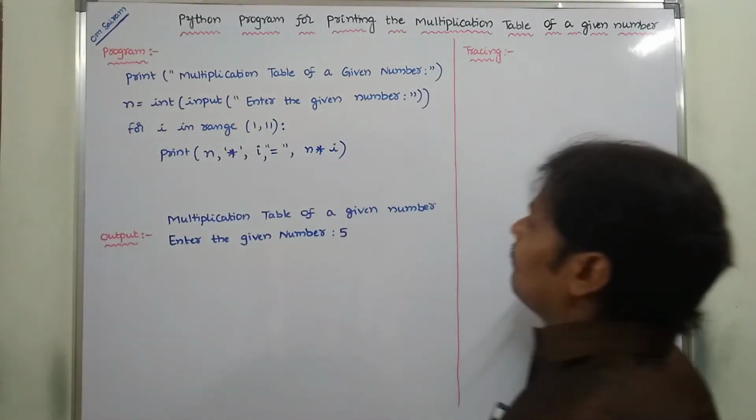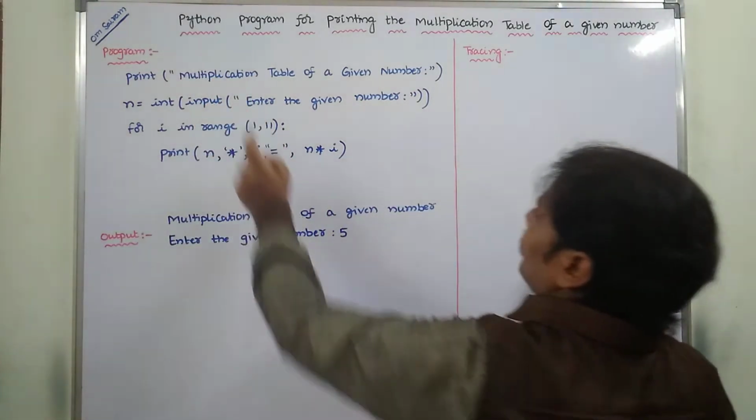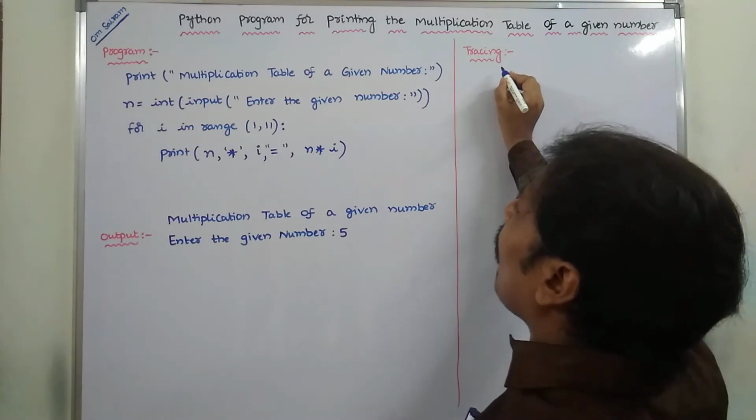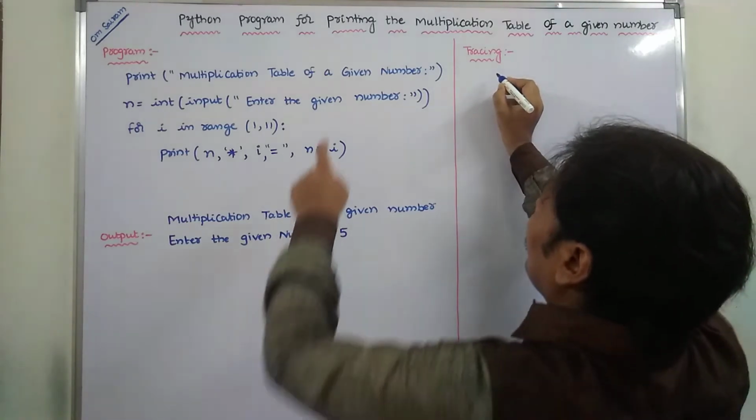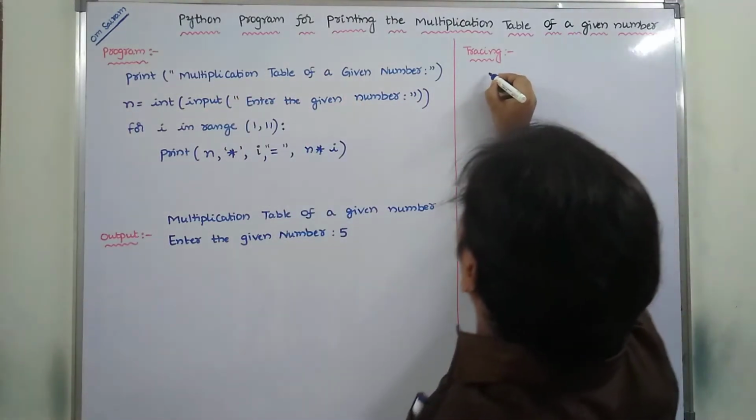The first statement in the program, print multiplication table of a given number, is printed as it is.